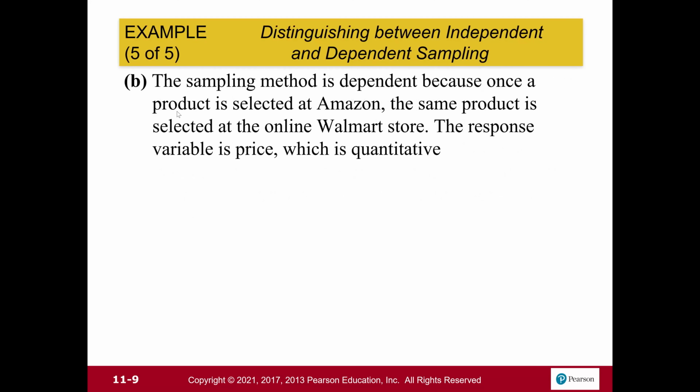So for B, the sampling method would be considered dependent, because once the product is selected at Amazon, the same product is selected online at the Walmart store. So this would be a matched pair design type of setup. Even though the prices might be a little different from product to product, it won't be different by much. And so that's why there would be a matched pair.